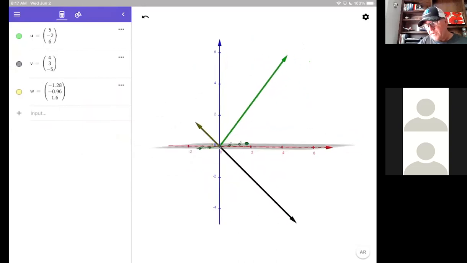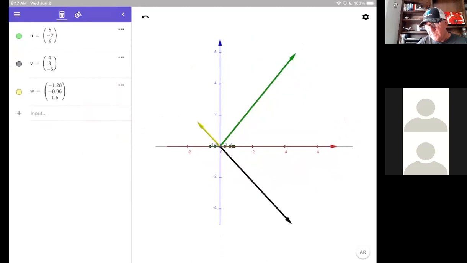If you stare at it, would you agree it's aiming the same direction as vector V, but it's kind of going backwards? Is that right? Is that wrong? Did I make a mistake or do you think this looks correct?